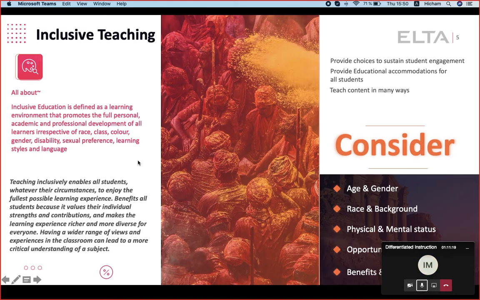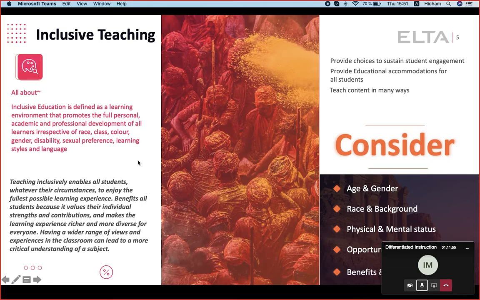Generally, inclusive education is defined and is standard. It does not really differ when it comes to teaching in business companies, teaching military people, or teaching medical information. It's absolutely the same. And it is defined as a learning environment that promotes full personal, academic, and professional development for all the learners, irrespective of race, class, color, gender, disability, sexual preference, learning styles, or even language.